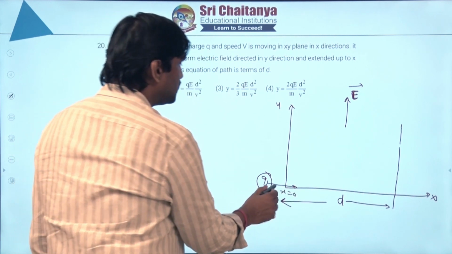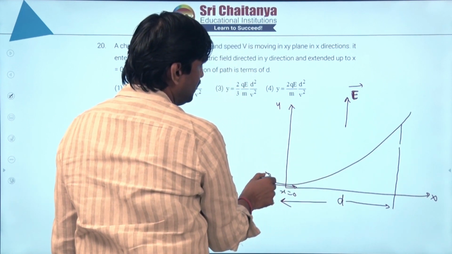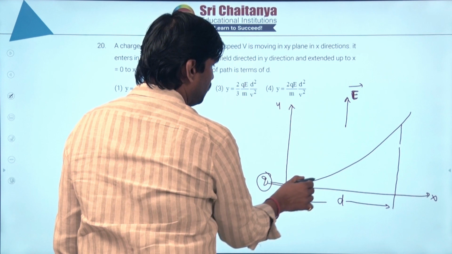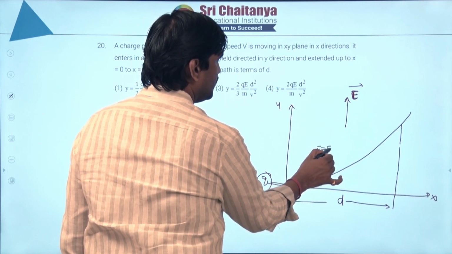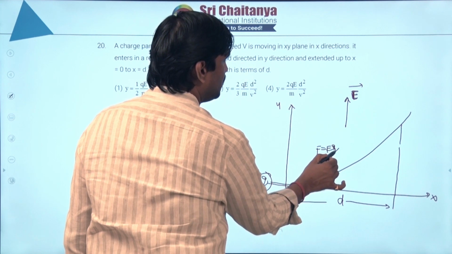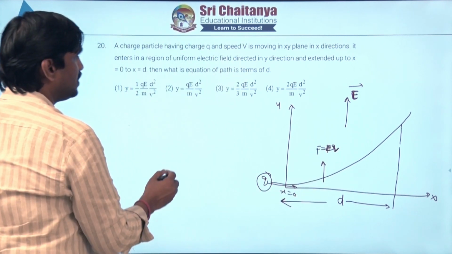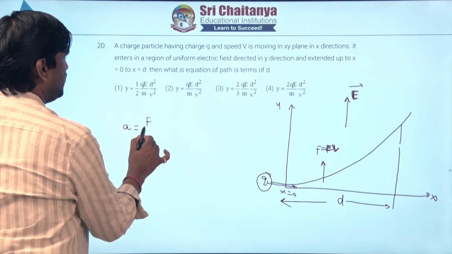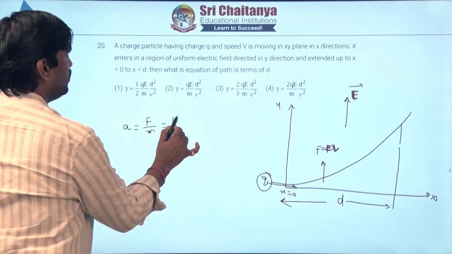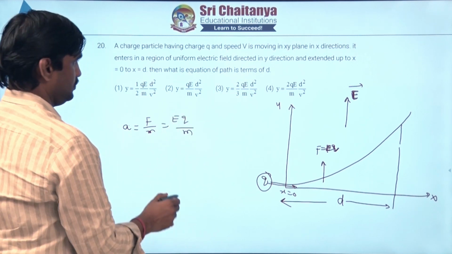Then it follows a parabolic path because of force acting on the charged particle. The force acting on the charged particle, F is equal to EQ. Then acceleration of the charged particle is F by m, EQ by m.